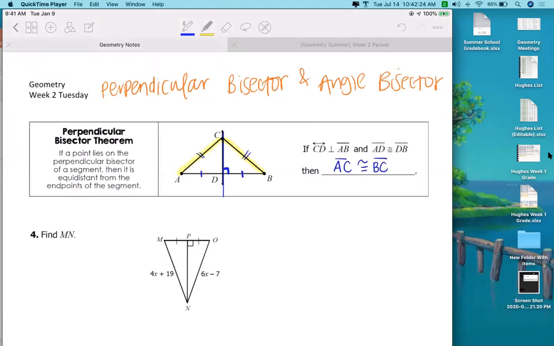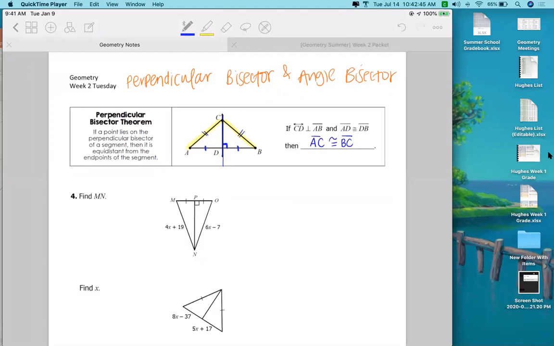And vice versa. If you know these two highlighted lengths are congruent, that means the bottom two are congruent. So this entire page of homework and the next page is you just setting things equal to each other. That's basically it.